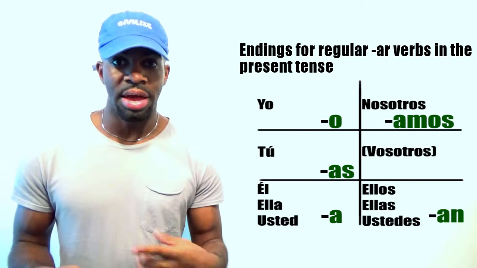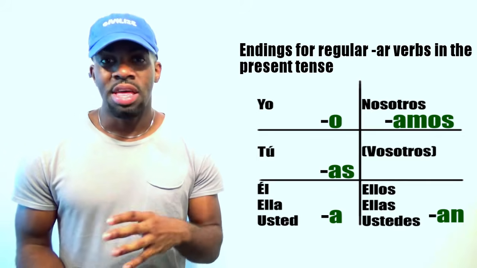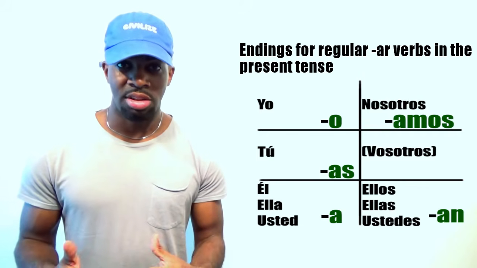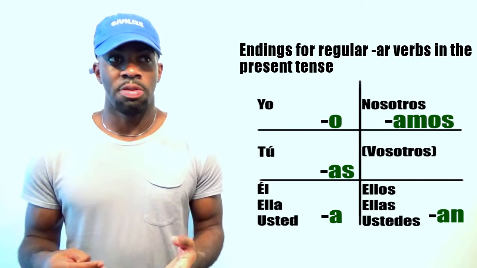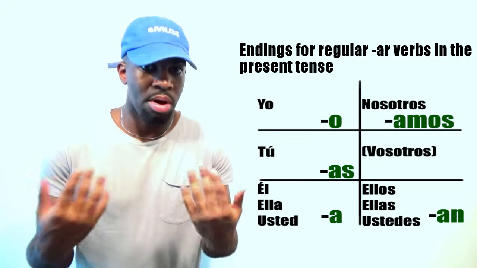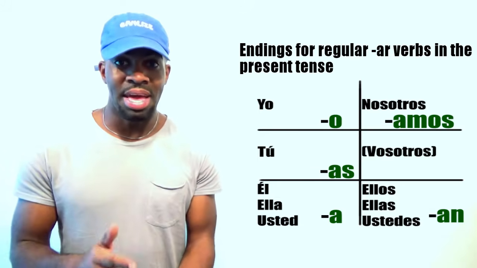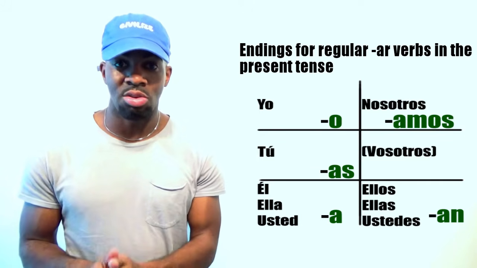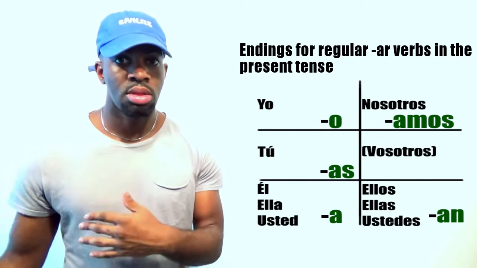Ella means she, and usted means you, the formal version. But if you're talking about a singular object, you will also use this ending for that as well. So if you're talking about it, whatever it is, and it's a singular object, then you will use the same ending for él, ella, and usted. So definitely take note of that so that you're not confused in later examples.